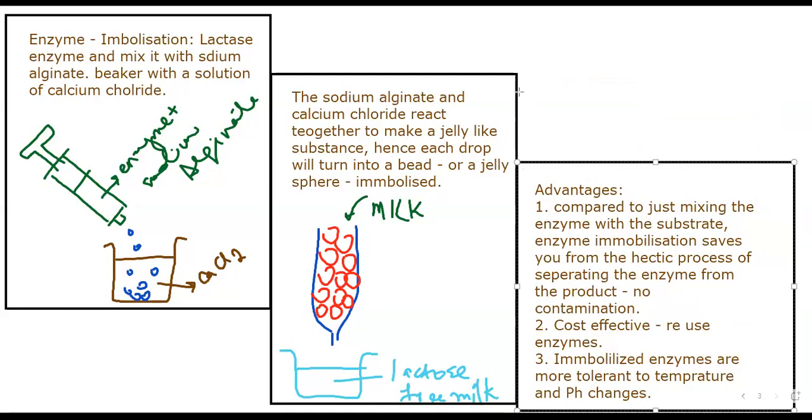You need to have a very good idea about your inhibitors. Then you need to see a lot of questions on Vmax and Michaelis-Menten constant, and then this immobilization of enzymes. So these are the important topics that we had to go over. So we're done with the topic of enzymes.